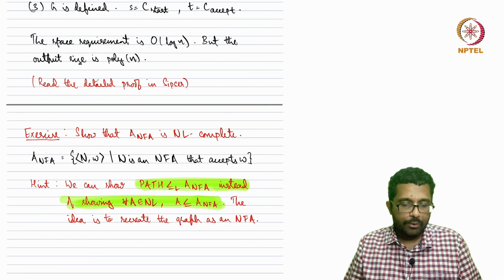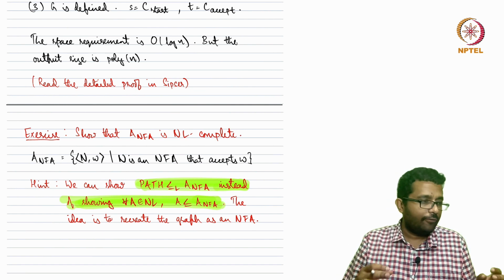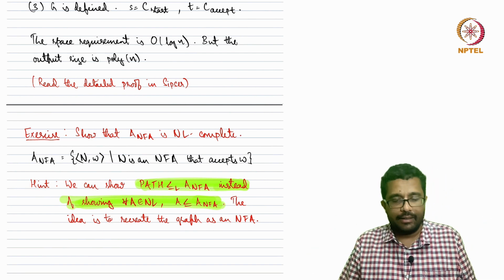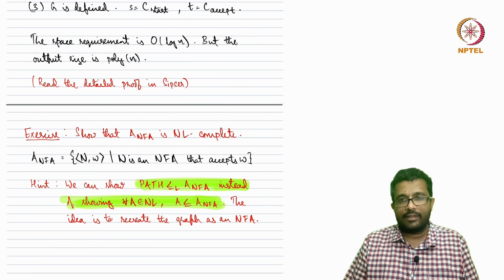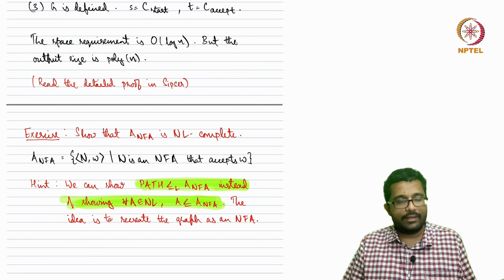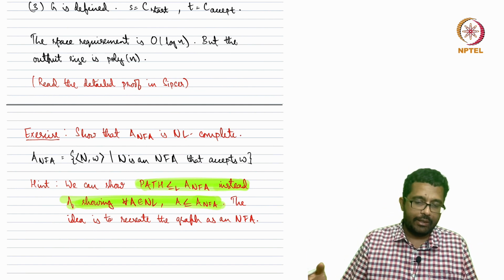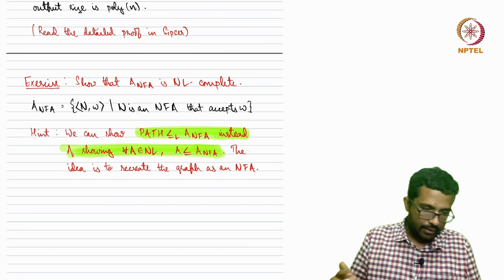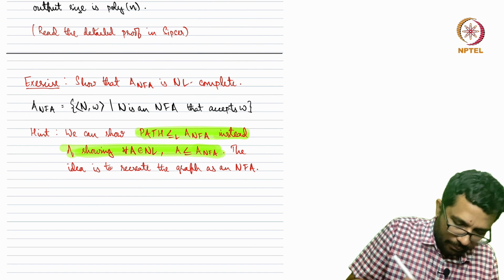Somehow we want to create an NFA where the state diagram of this NFA mimics this graph, and there should be a string that takes it to an accepting state if and only if the original graph has a path from S to T. So maybe I'll just say one more thing.